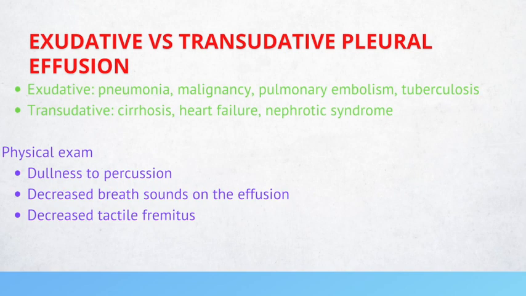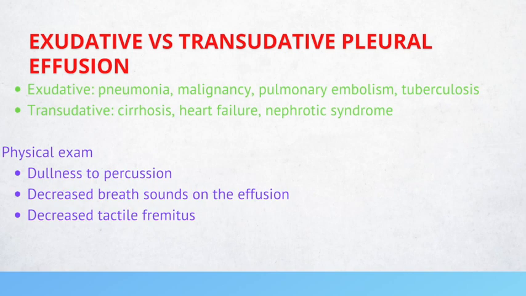For a transudative effusion, it's typically due to conditions such as left-sided heart failure, cirrhosis, nephrotic syndrome, peritoneal dialysis, or even atelectasis. While an exudative effusion may be due to bacterial pneumonia, viral infections, pulmonary embolism, tuberculosis, and malignancy.